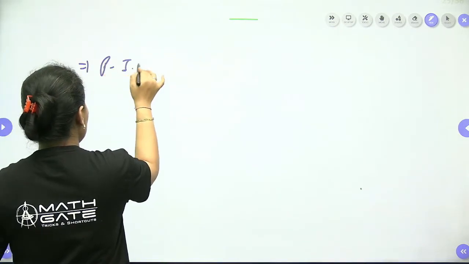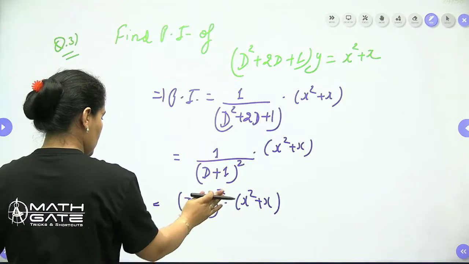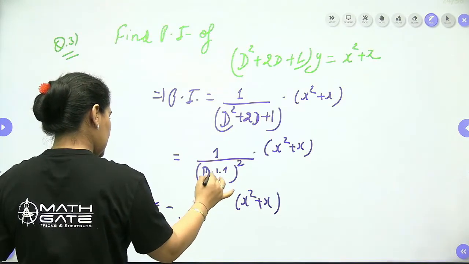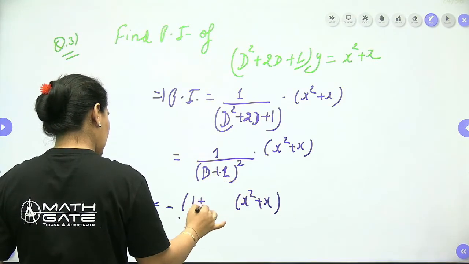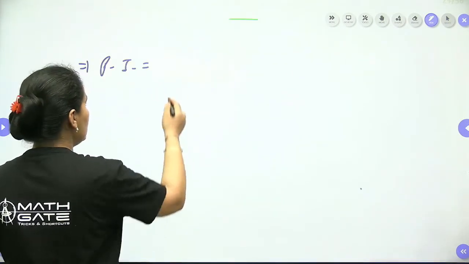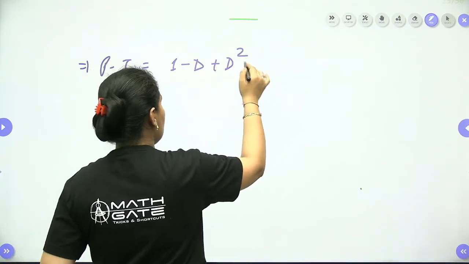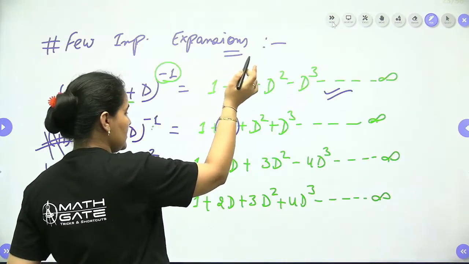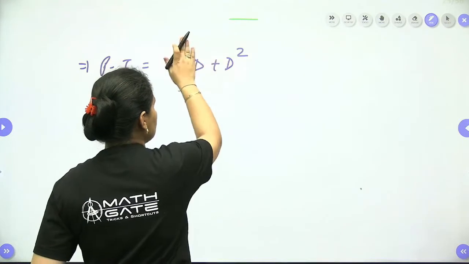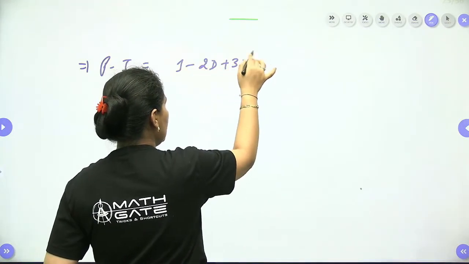So the PI will be, according to form number 3, with alternate signs. If you want, you can write it as 1 plus D power minus 2. It will be 1 minus 2D plus 3D square.